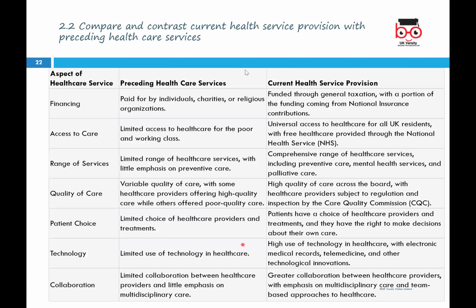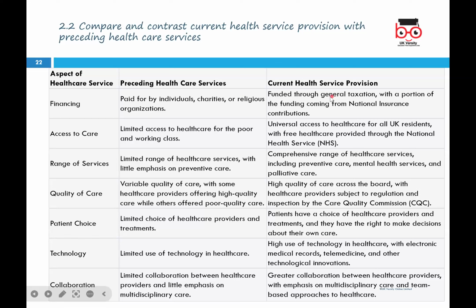And then we're trying to compare and contrast. This is also one of your assignments: current health service provision with preceding health care services. If you see financing before, it was paid for by individuals, charities, or religious organizations.